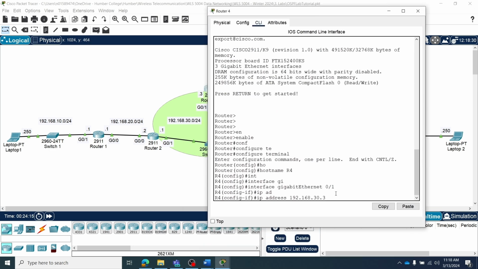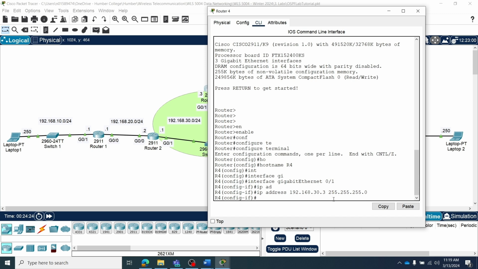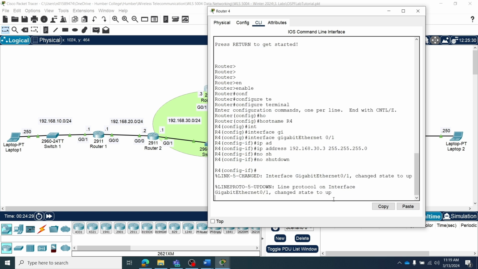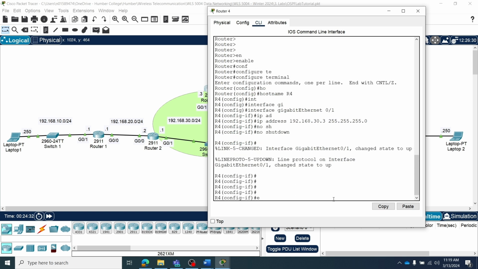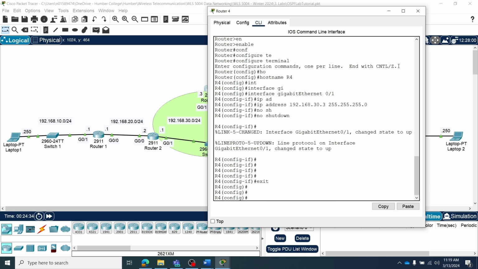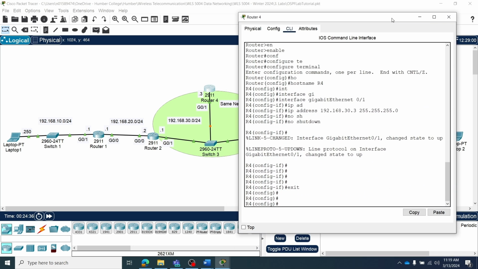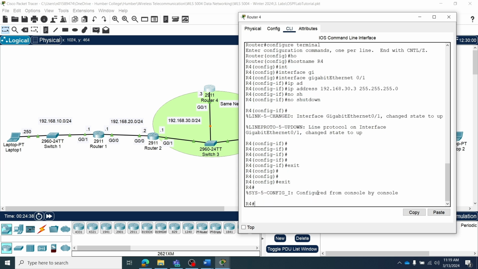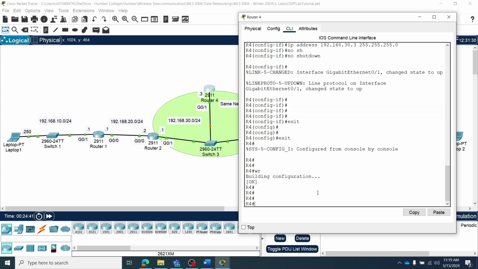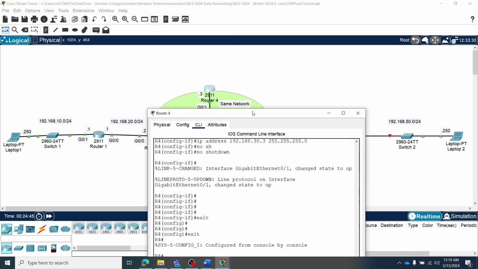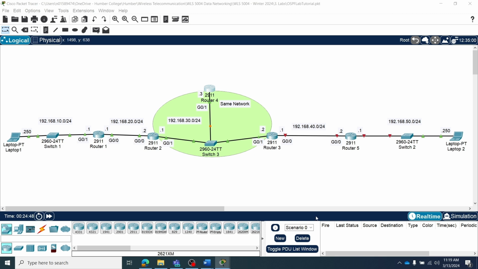Then 255.255.255.0, then no shutdown, exit from the interface configuration mode, and save the configuration. So IP address configuration for router 4 is completed.